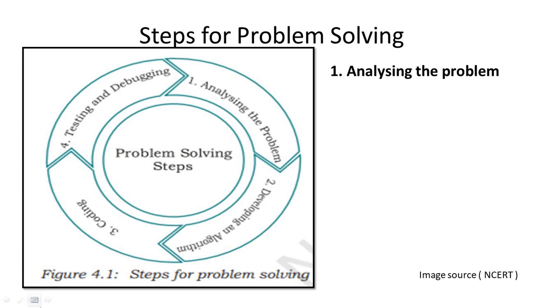If you do not know what you want to solve, you cannot give the solution for that problem. In understanding the problem, we will analyze the inputs, what outputs are required, and how inputs should be converted to the outputs. After understanding the problem, we'll go to the second step, designing an algorithm.